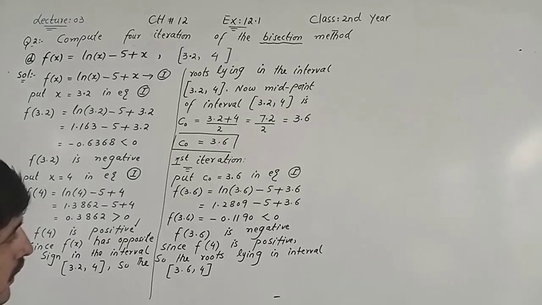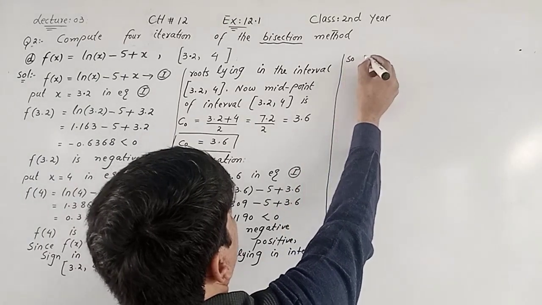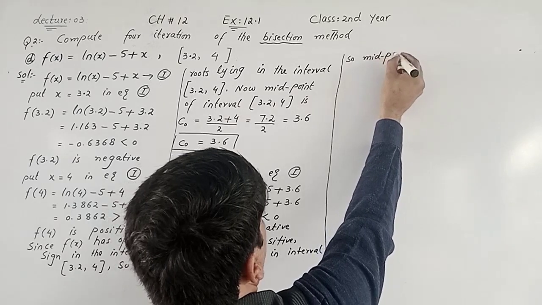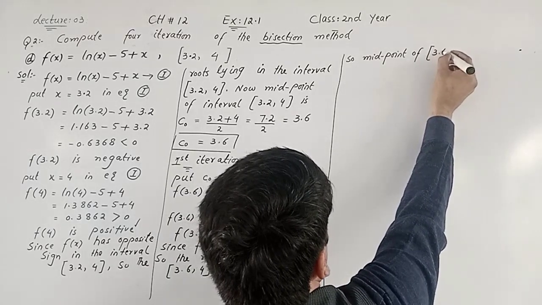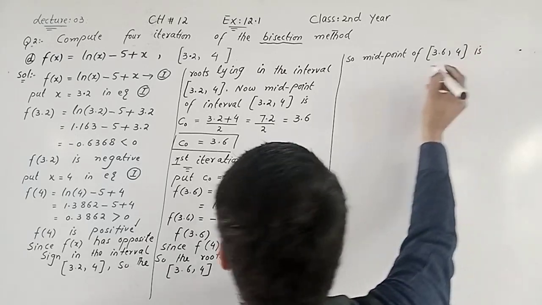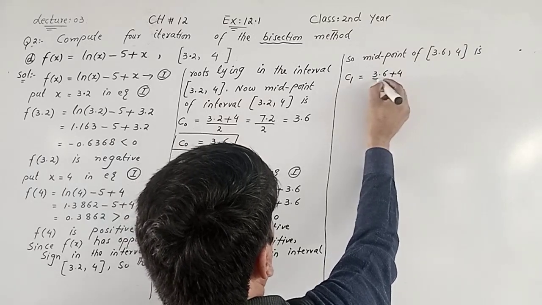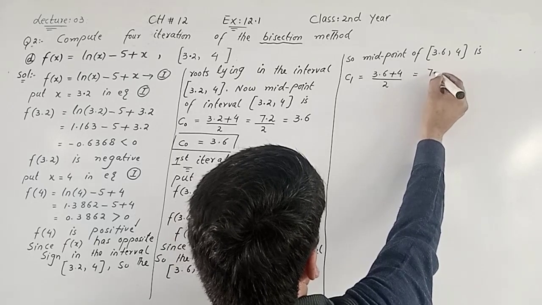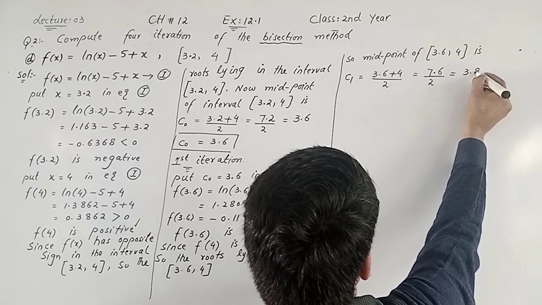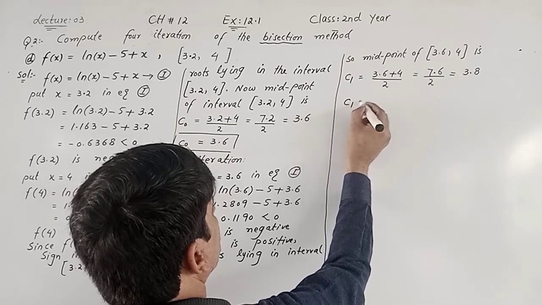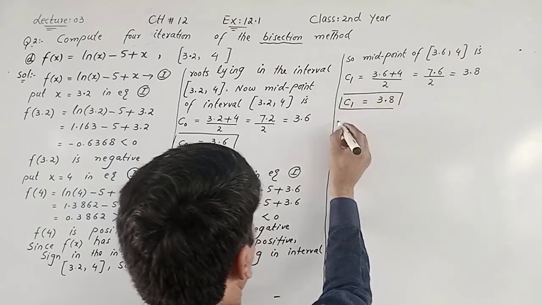So the midpoint of the interval 3.6 to 4 is 3.6 plus 4 divided by 2, which is 7.6 divided by 2, which is 3.8. So C1 is equal to 3.8.